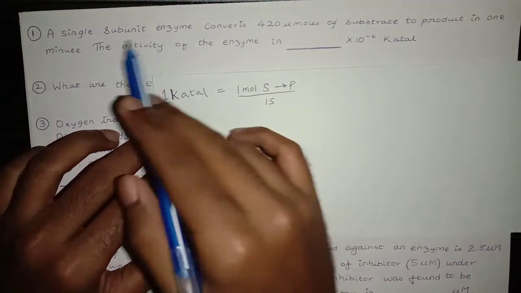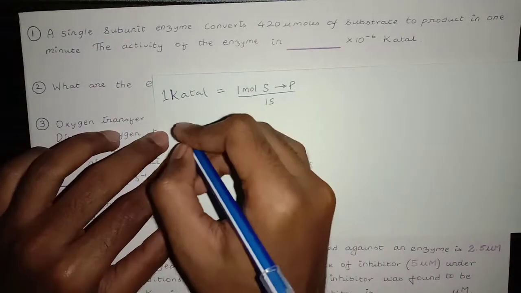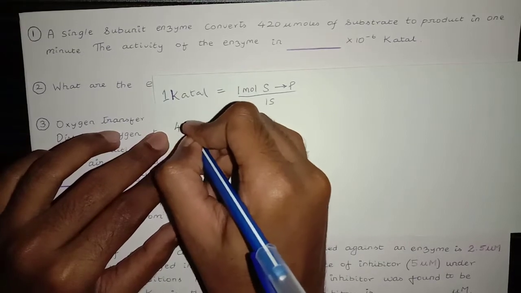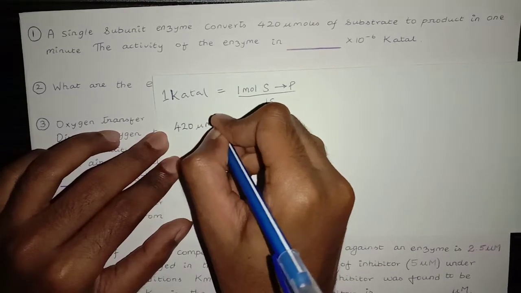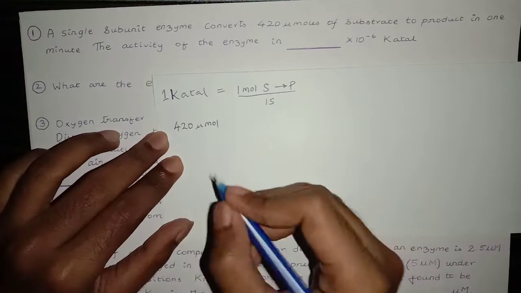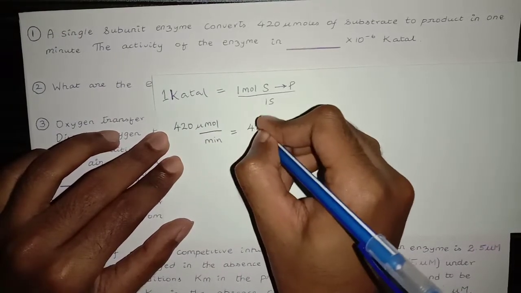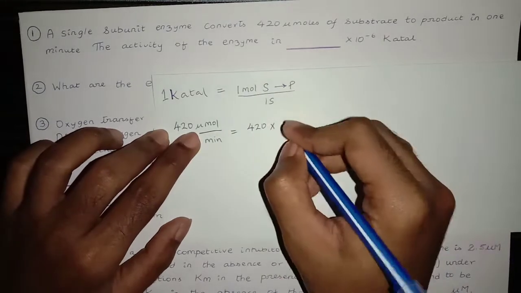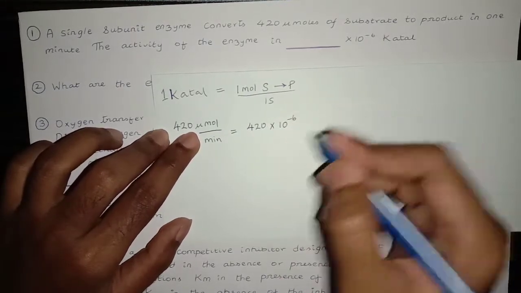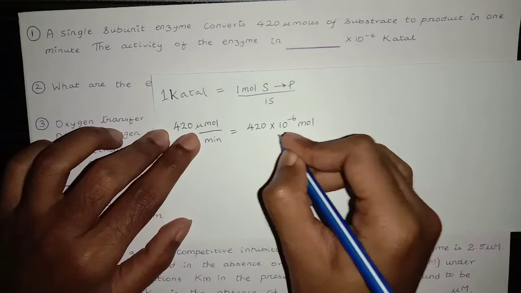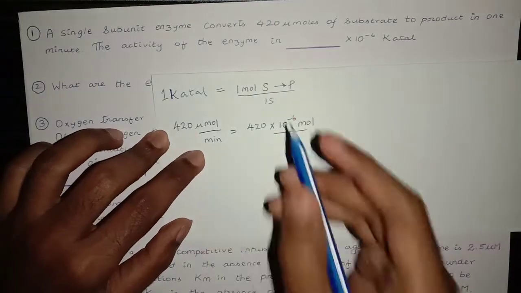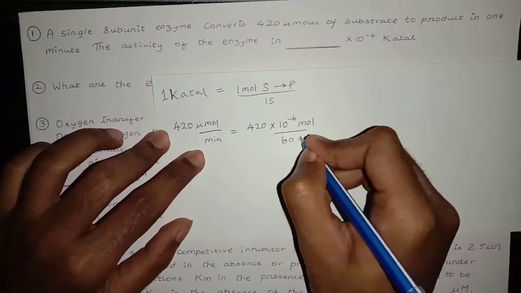Here the activity of the single subunit enzyme is given as 420 micromoles in 1 minute. So 420 micromole per minute, which is equal to 420 into micro, 10 raised to the power negative 6 mole, over, let's convert minute to second, 1 minute is 60 seconds.